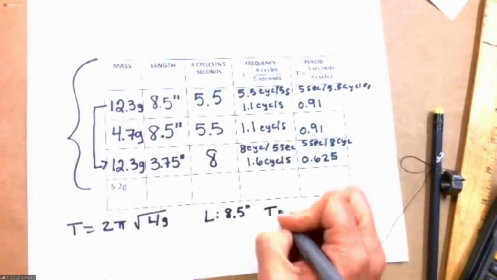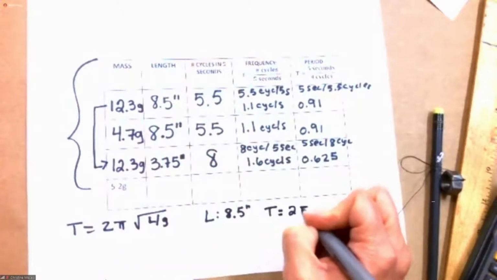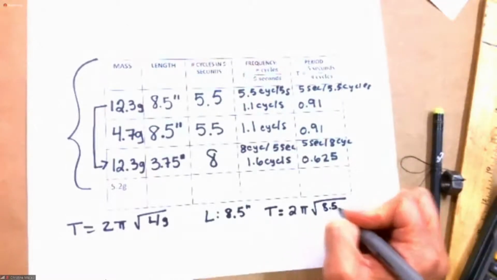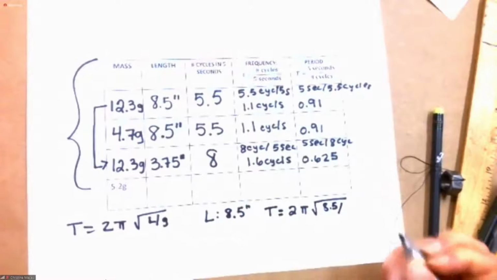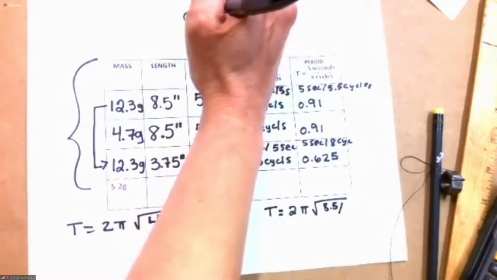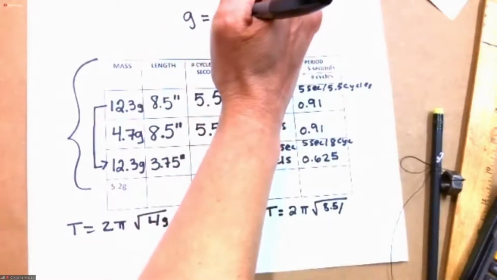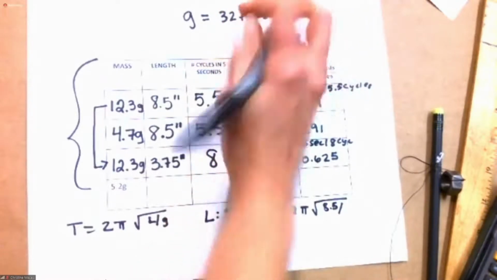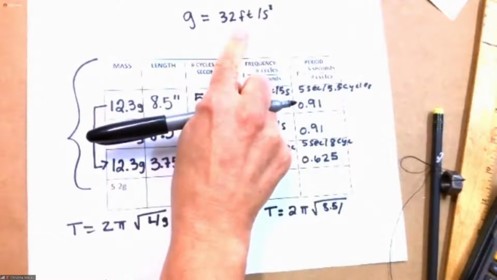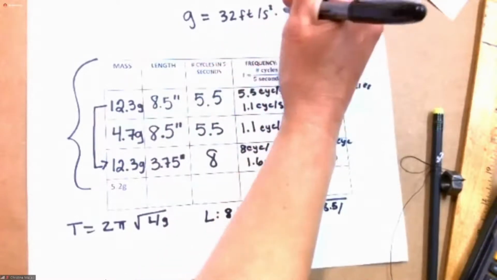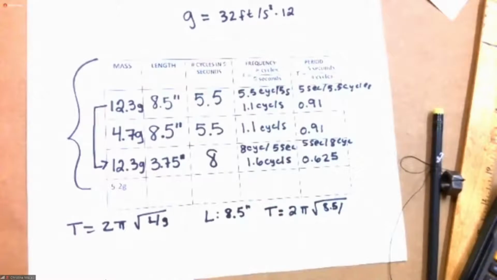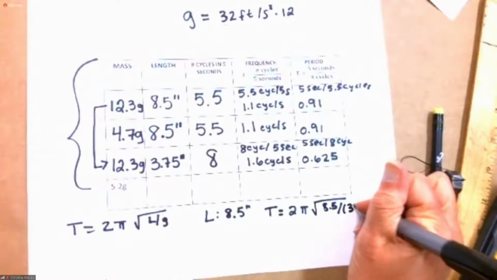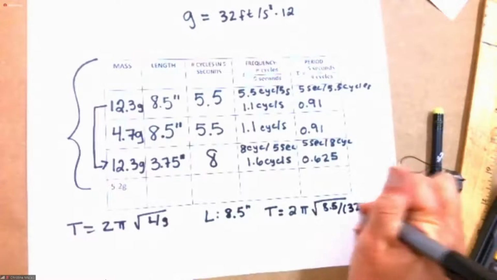The period is 2 pi times the square root of 8.5 over G. G in the English system is 32 feet per second squared. It's normally given in feet, so we're going to multiply it by 12 so we get it in inches, because our measurement was in inches. So we get 32 times 12.